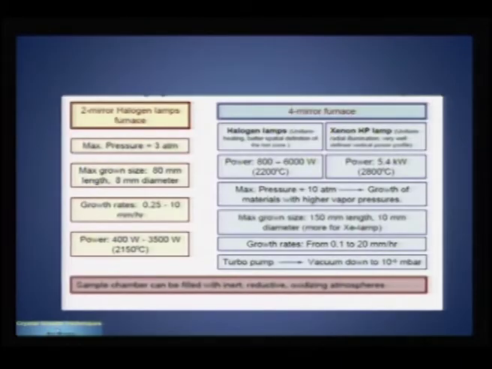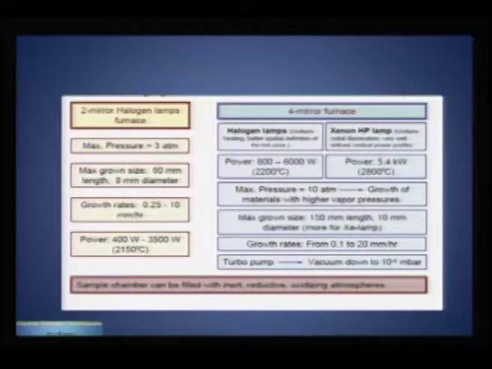Typically you can realize such sophisticated instruments for floating zone. These are commercially available. So this is an industry in itself where such refined apparatus is already commercially available. So we can go for such expensive techniques also.